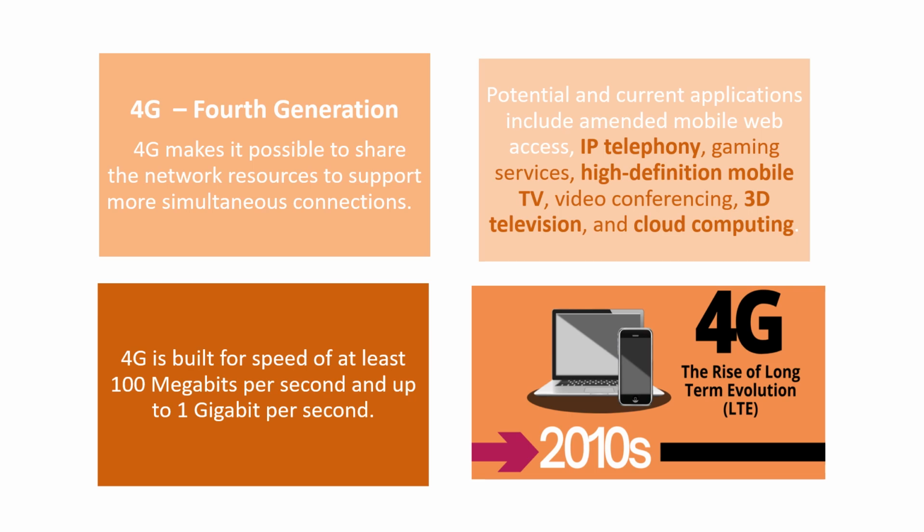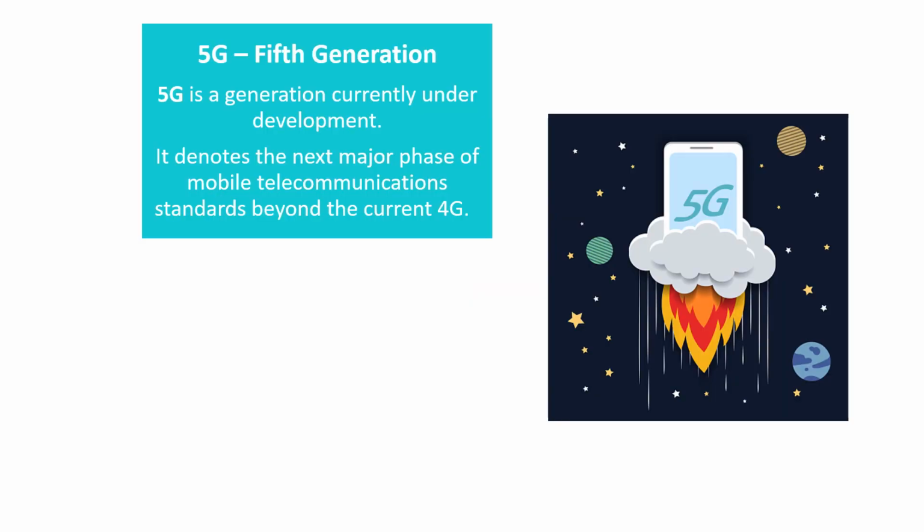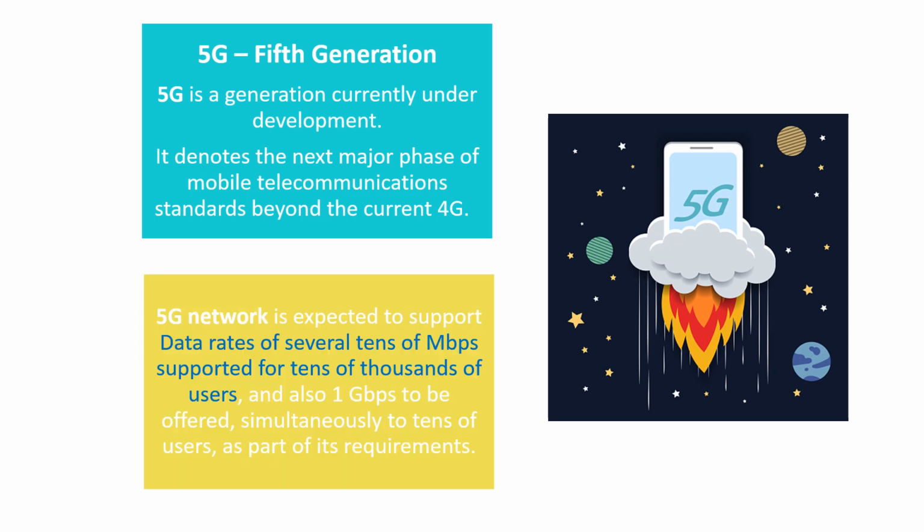And next we can see the fifth generation, which is currently under development in the 2020s, and it denotes the next major phase of the mobile telecommunication standard, beyond the current 4G.